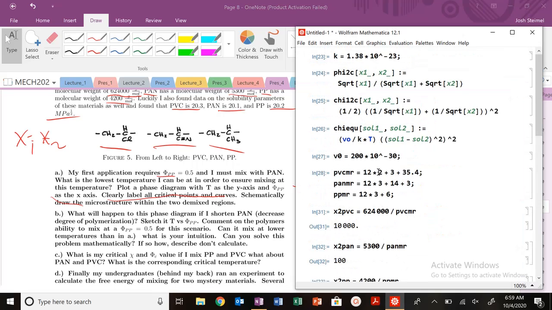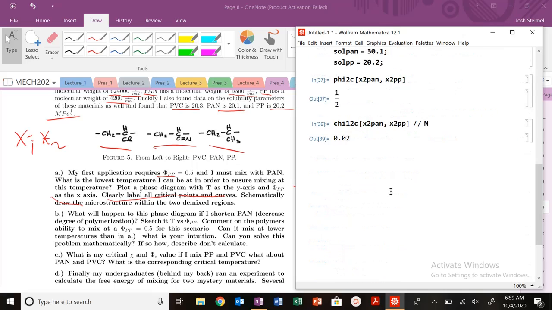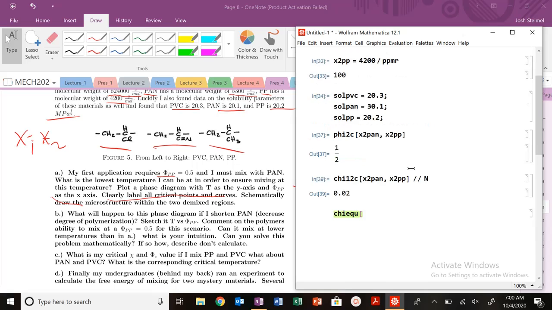So I'm going to go back over here, my chi equation, and plug in for my solubility parameters, V naught. It doesn't matter which one I do first.